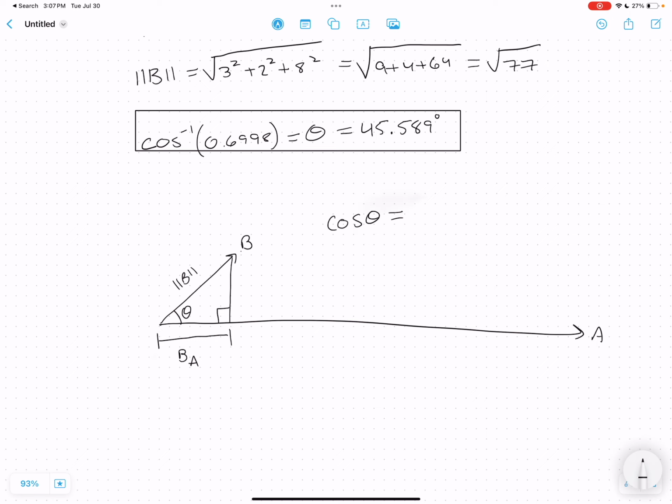We're looking for the adjacent, B in the direction of A. This tells us that BA is equal to B cosine theta, where B is the magnitude of vector B.